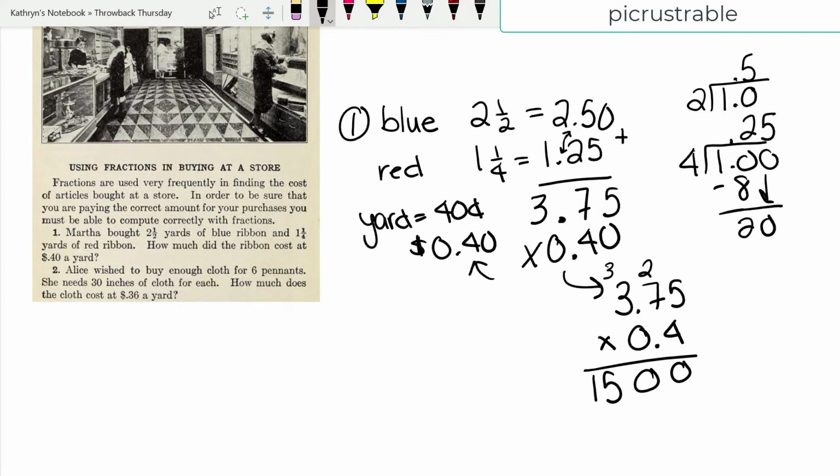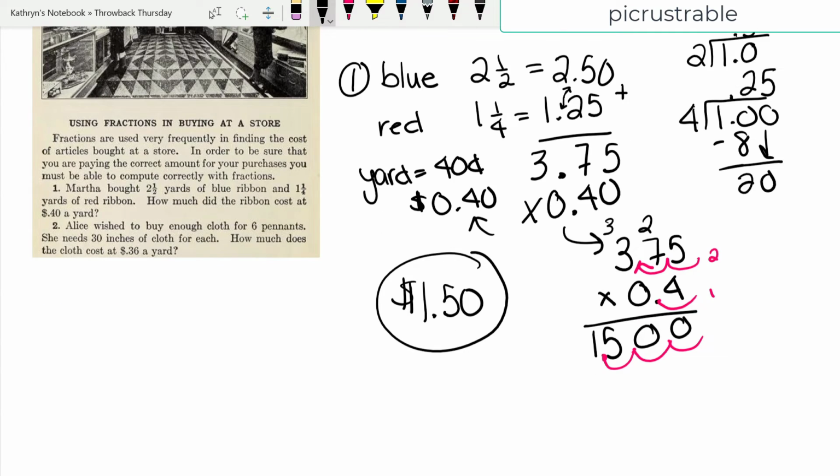All right. Now we have to count how many places we have for the decimal. So we have 2 places here. We have 1 place here. So we have to move 1, 2, 3. So it turns out that Martha is going to have to pay $1.50 for her ribbon.